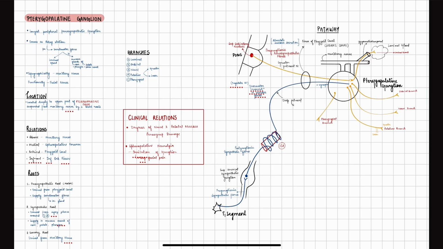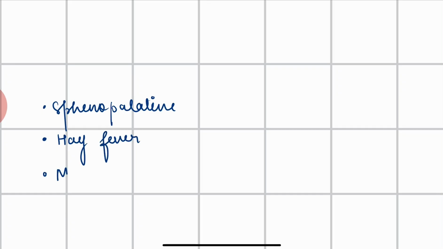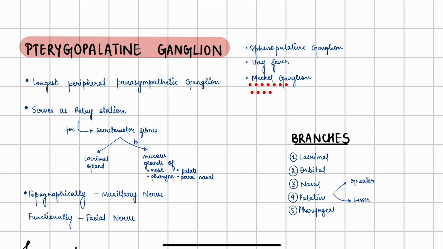The pterygopalatine ganglion is also known as the sphenopalatine ganglion, the ganglion of hay fever, and also Meckel's ganglion. It is the longest peripheral parasympathetic ganglion. This is an important thing to remember: it is the longest peripheral parasympathetic ganglion.